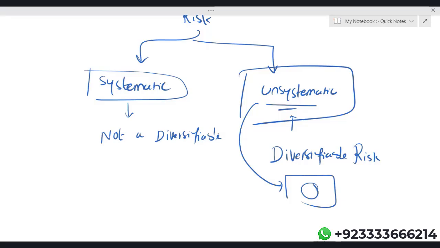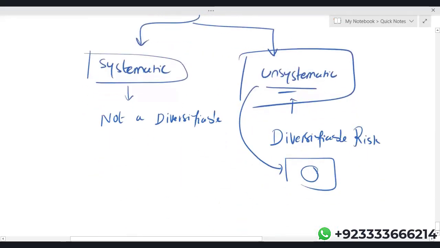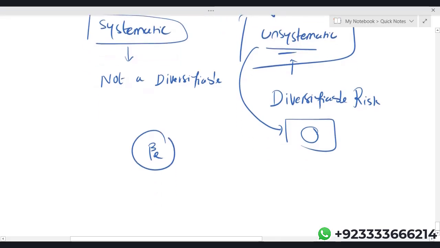Okay, now it means beta equity is also a measure of risk, but beta equity will measure the systematic risk. Why is beta equity a measure of systematic risk? Because in the capital asset pricing model, we assume the investor has a well-diversified portfolio of investment.